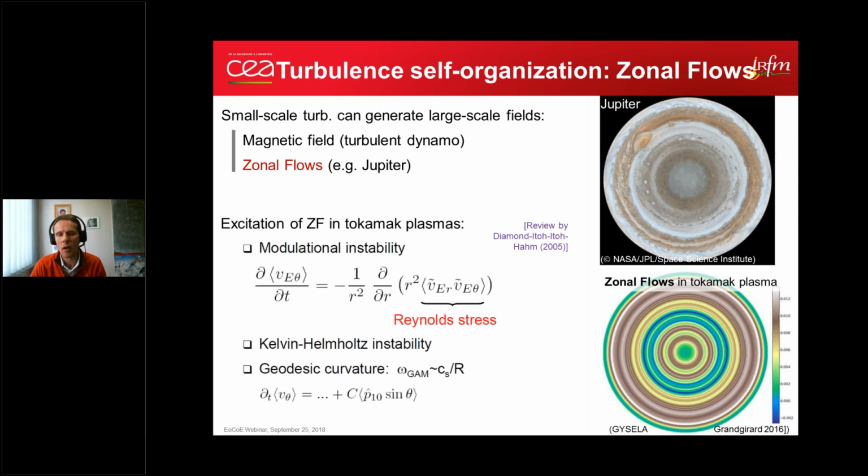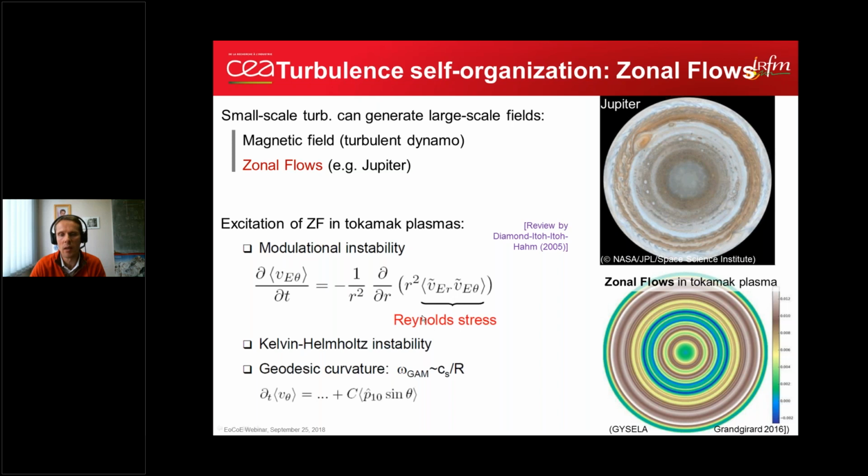There are several ways of understanding this self-generation of these large-scale flows by turbulence, and one of those comes from modulational instability that couples small-scale fluctuations of the E cross B flow together to drive a large-scale poloidal flow.